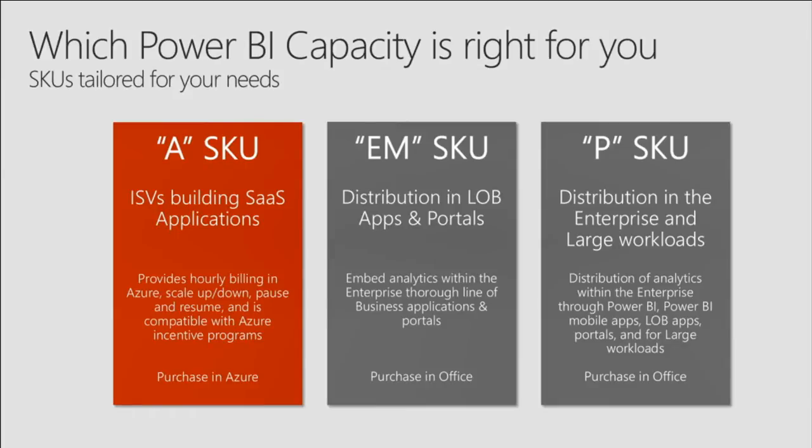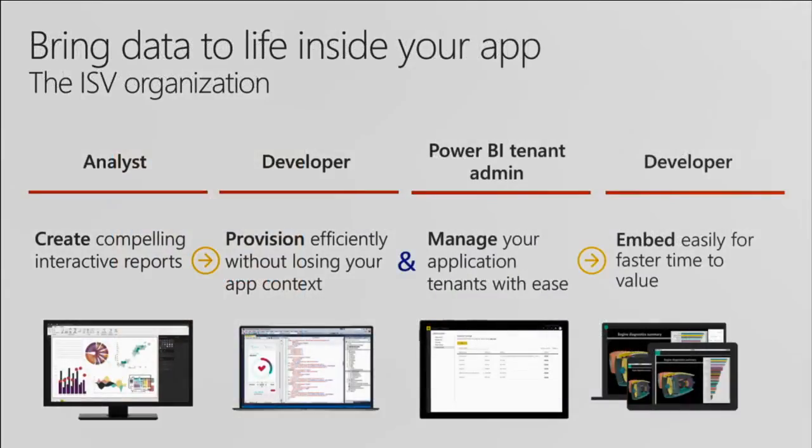They'll allow you to distribute inside large organizations, and they handle huge workloads, so you'll be able to have larger models in your application workspaces. But for developers, for ISVs building SaaS applications, really you're going to be looking at the A SKUs.